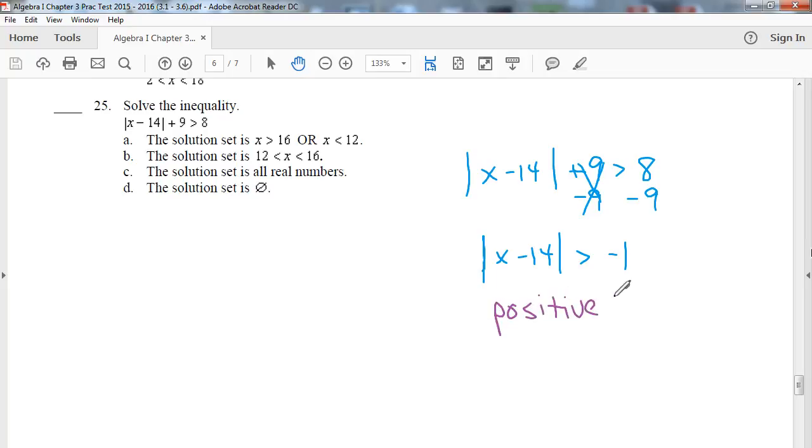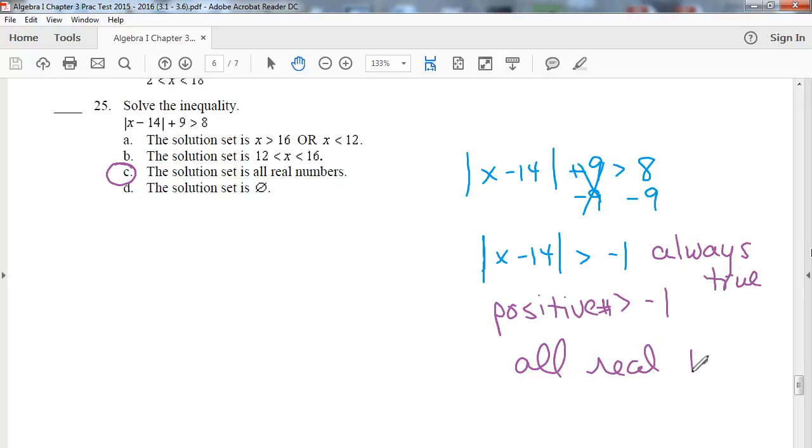So you have a positive number is greater than negative 1. And which positive numbers are greater than negative 1? The answer to that, that's all of them. So the solution set would be all real numbers. This is always true. So we have all real numbers as our solution.